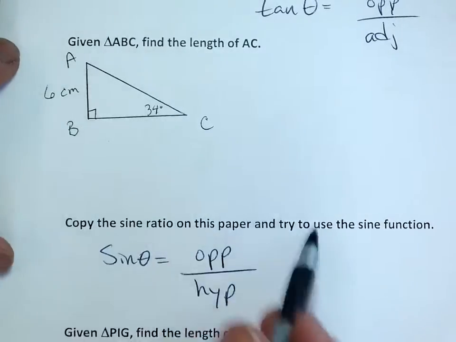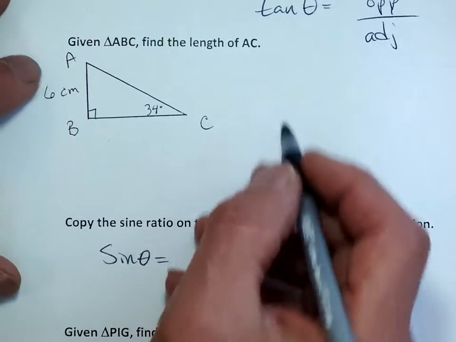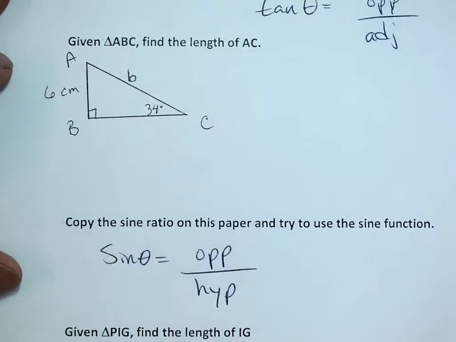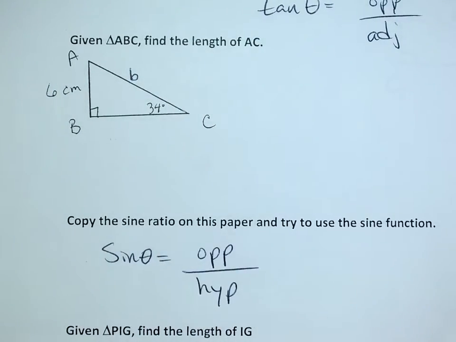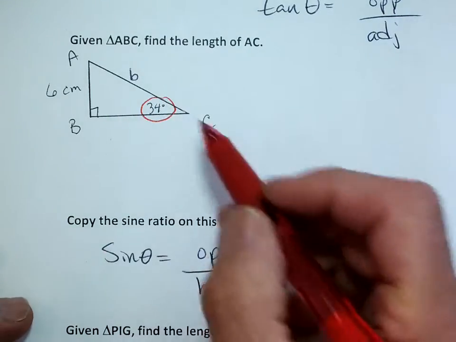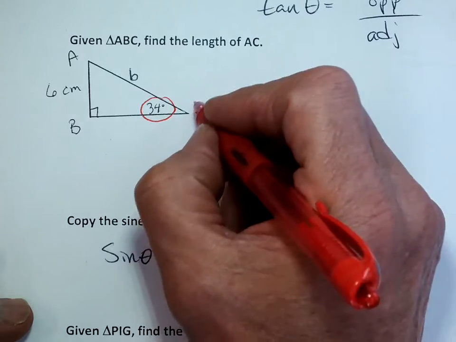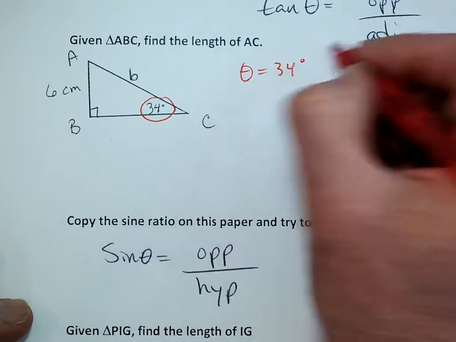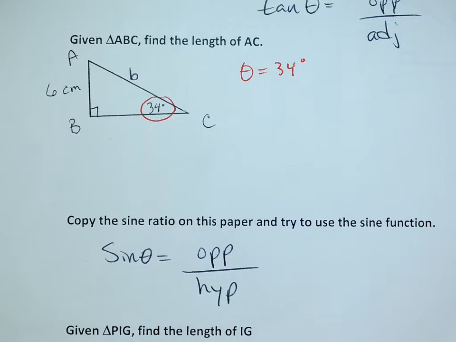So if we want to find AC, and instead of calling it AC, let's just call it side B because it's opposite of B, okay? So if I want to find AC, again, let's go to my angle. So if I'm standing here at my angle, let's call that theta. So in this case, theta is equal to 34 degrees. Then I want to name these sides.